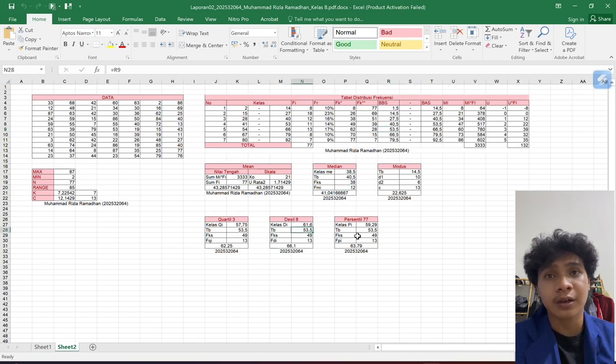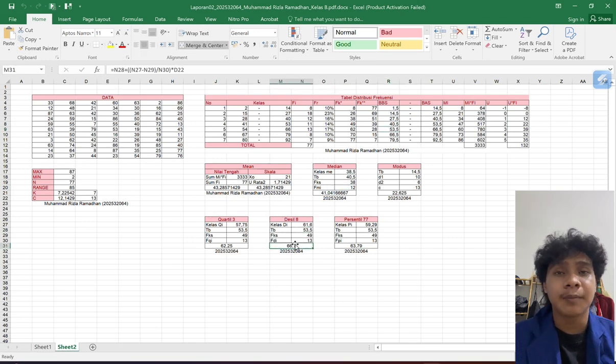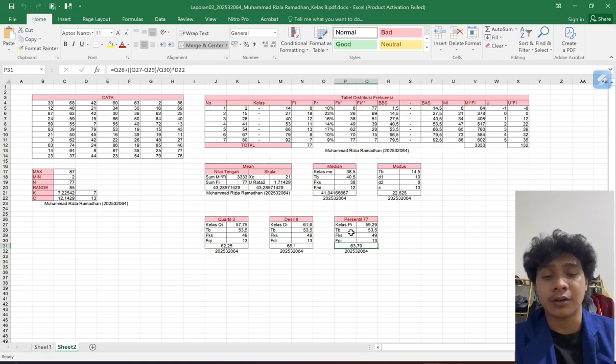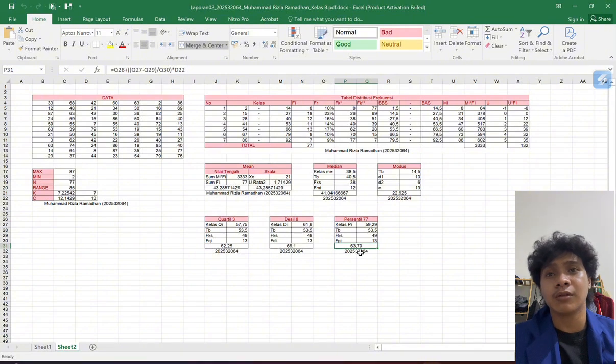Finally, I calculated the 77th percentile, or P77, using the group percentile formula. I obtained a value of 63.79.